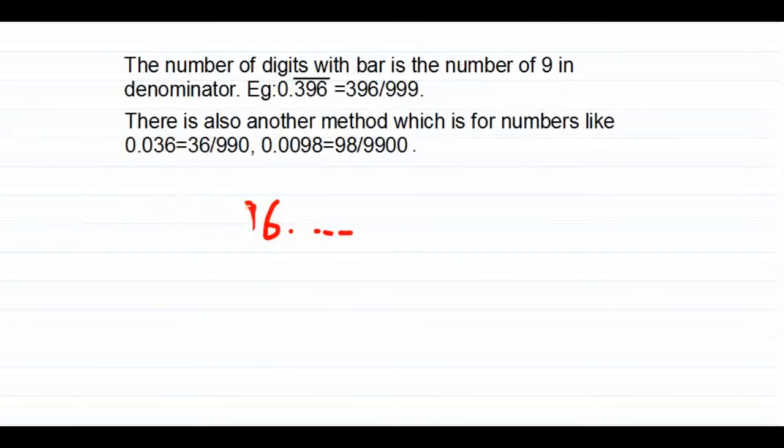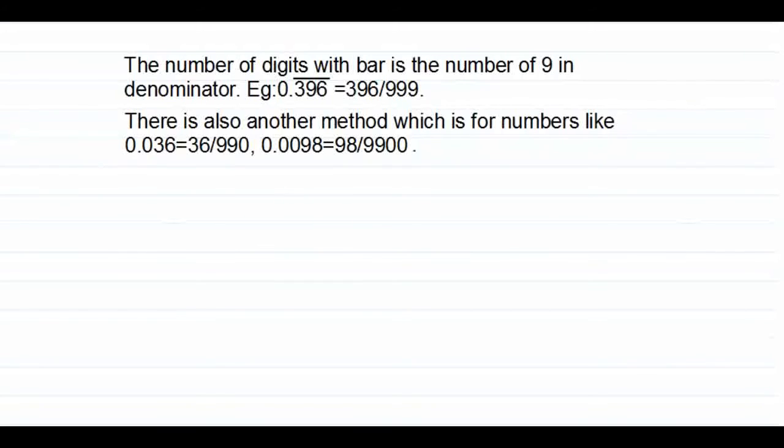There is also another trick which we can use. It is for numbers like 0.036. In this we have 0 after the point, and there is no bar on 0. Okay, sorry, I have made a mistake here.